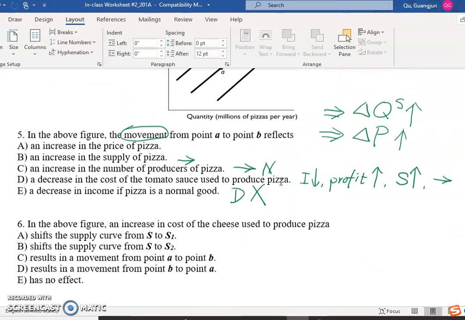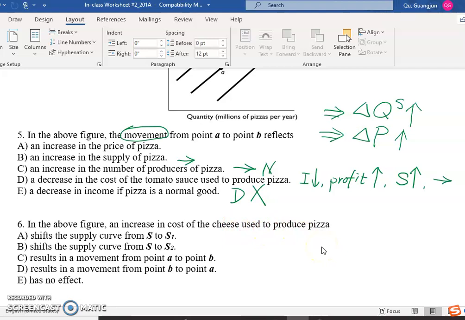Number 6, we are working from top to the bottom on that flow chart, because it tells us there's an increase in the cost of cheese used to produce pizza.